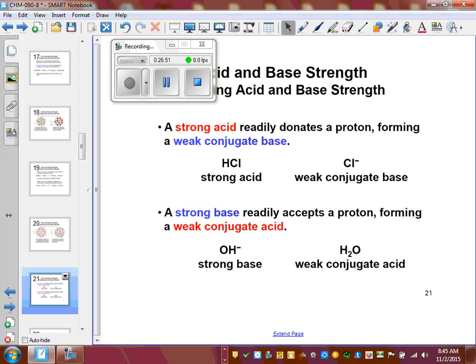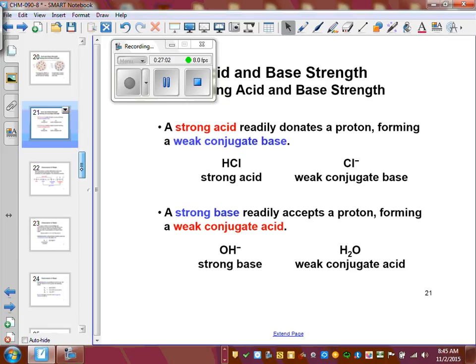A strong base forms a weak conjugate acid. Similarly, a weak acid forms a strong conjugate base, and a weak base forms a strong conjugate acid. So whatever's strong becomes weak, whatever's weak becomes strong.